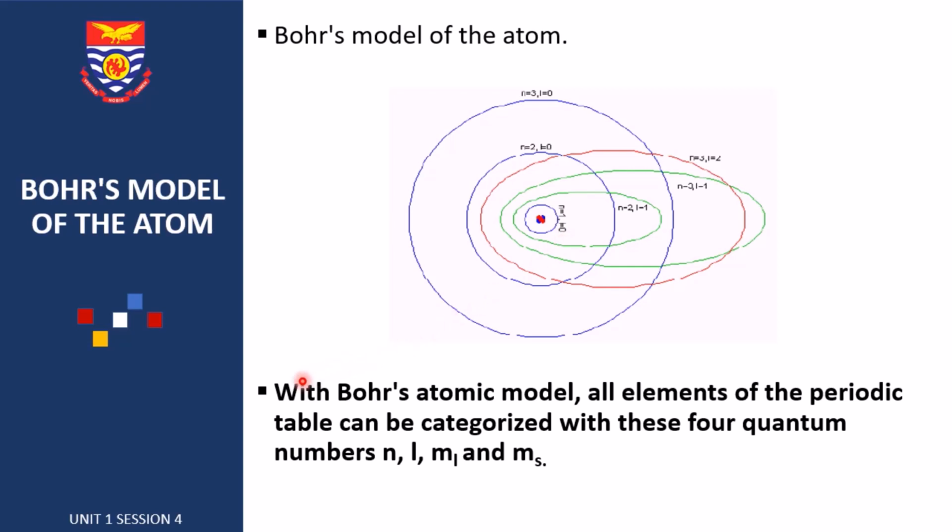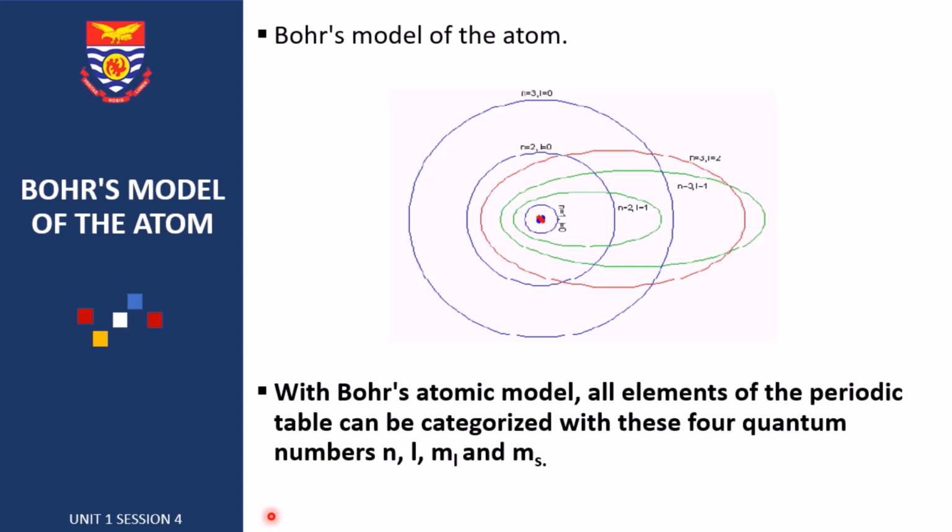Now, to explain where exactly the electrons can be found within the atom and the number of electrons that can be found within the atom, there are four quantum numbers that Bohr used to explain.